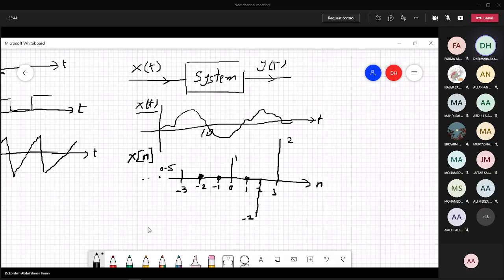If it extends, then it is infinite, going to plus infinity and minus infinity. So we have two things. This is continuous, and always for continuous we use x of t, and this is discrete, we use x of n.